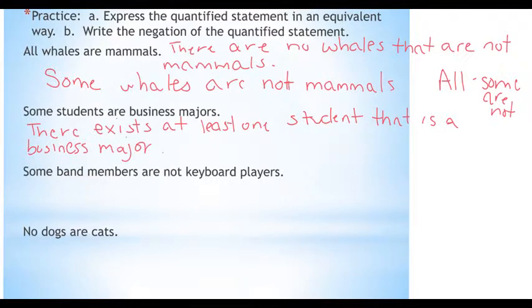So that's the equivalent way. So it's the same thing as some students are business majors. Now, to negate the statement, instead of some A are B, you are going to say no students are business majors.